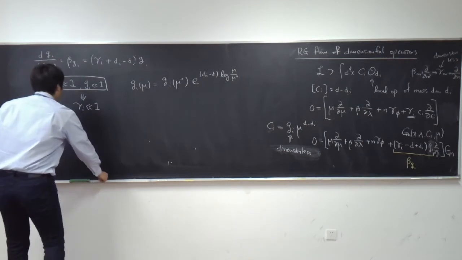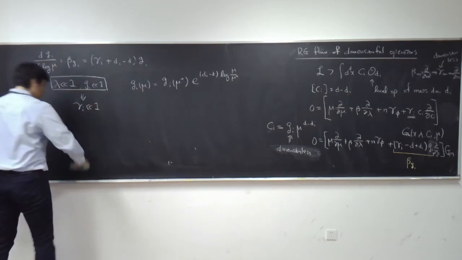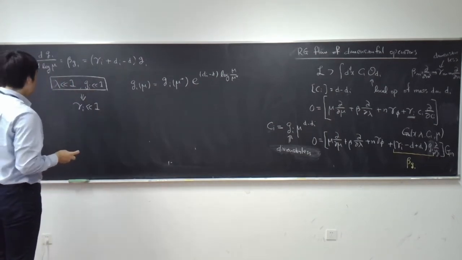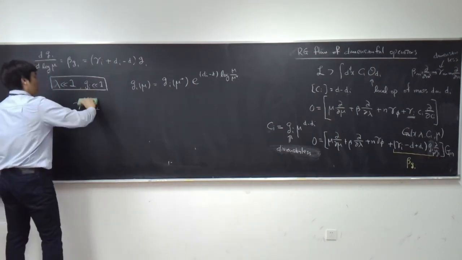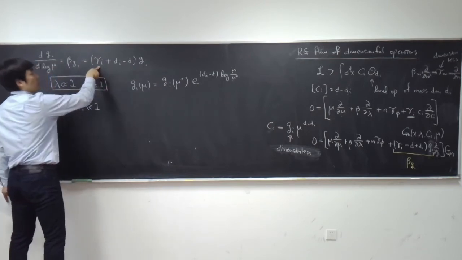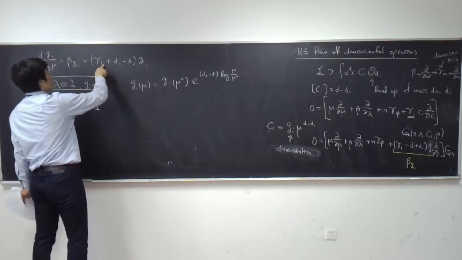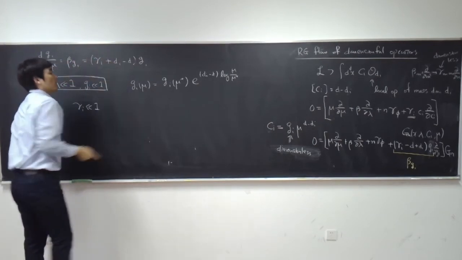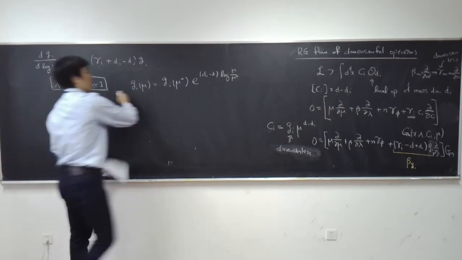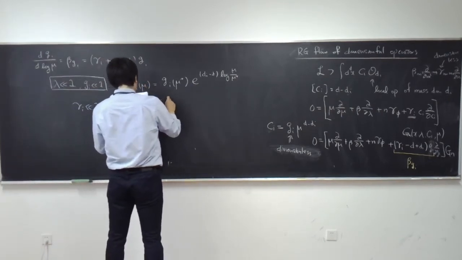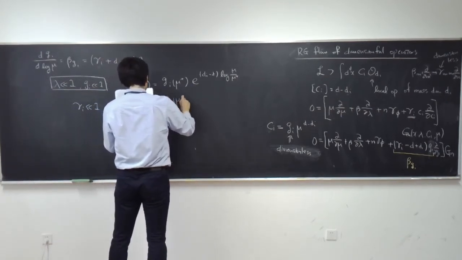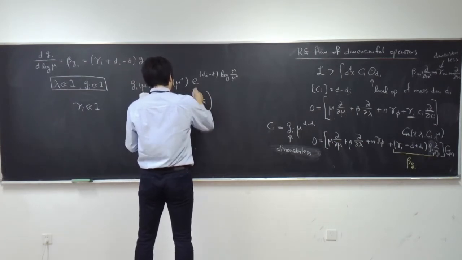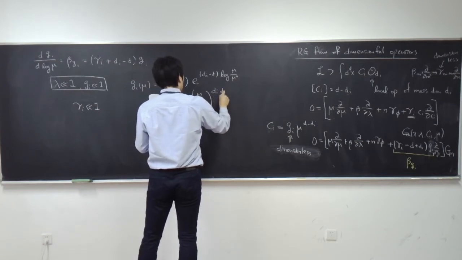Suppose all the Gi are very small, and also gamma I is very small. Then you can just ignore this part, and if you ignore this part, the solution of this differential equation is given by this, which is Gi of mu star times mu over mu star to the di minus d.